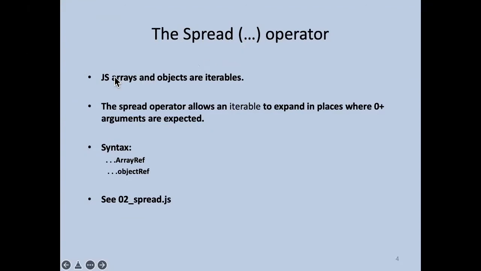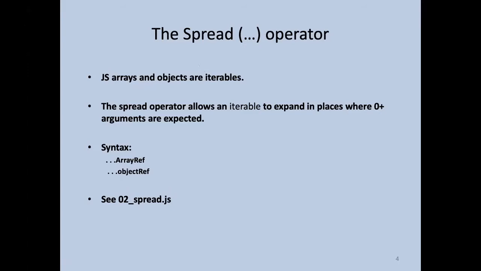In JavaScript, we refer to arrays and objects as iterable structures. I'm sure that's a term you've heard in other languages. And what the spread operator allows us to do, we apply the spread operator to an iterable structure. And what it does, and the clue is in the name, it takes the individual elements of that iterable and it spreads them out into individual elements.